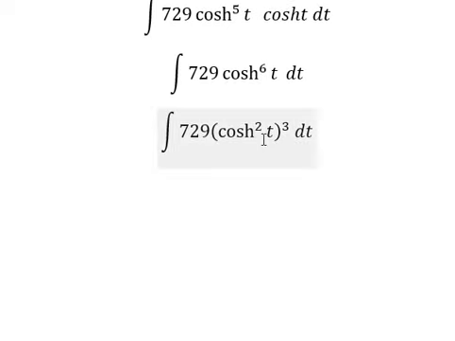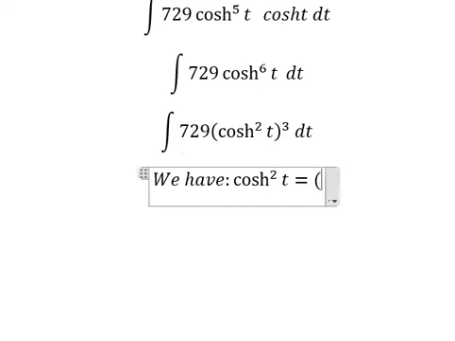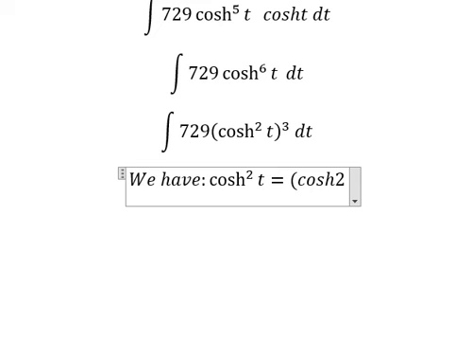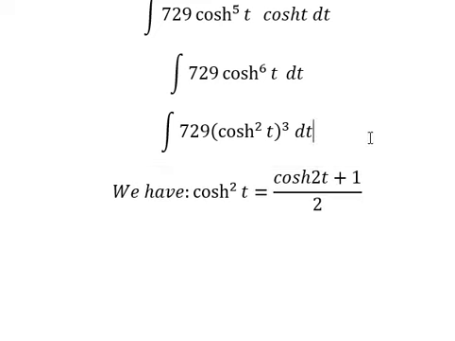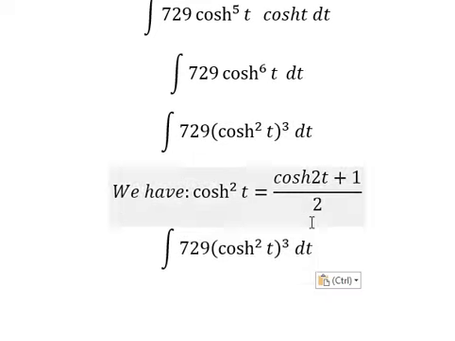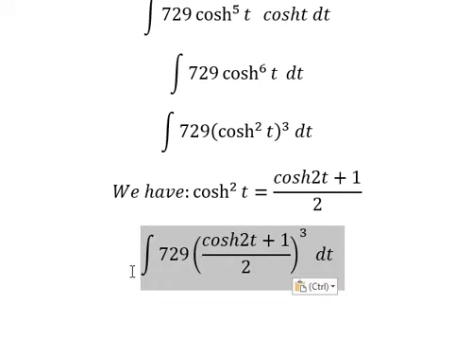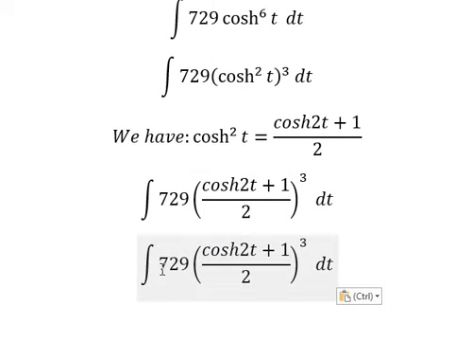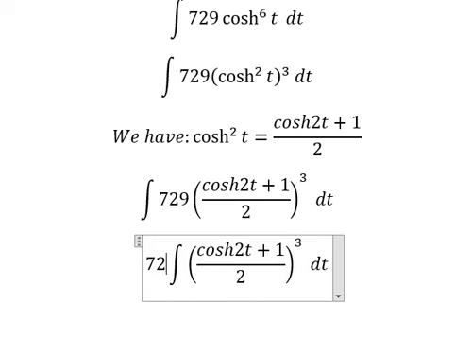So about cosh t squared, we have the formula in here. So we need to transform this one into this one. So 729 over 2 to the power of 3, we have 729 over 8.